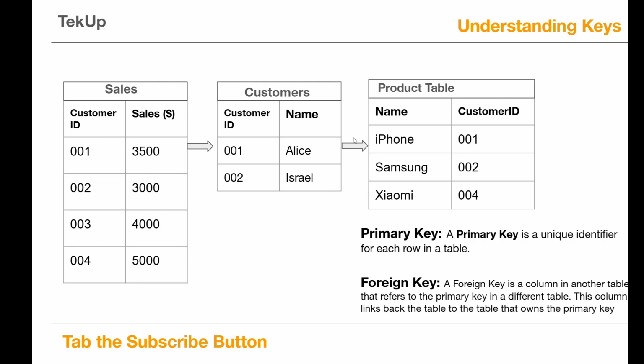In the customer table, this customer ID is called the primary key because it originally belongs to the customer table. When we are talking about the customer table, the customer ID is simply the unique identifier for each customer.